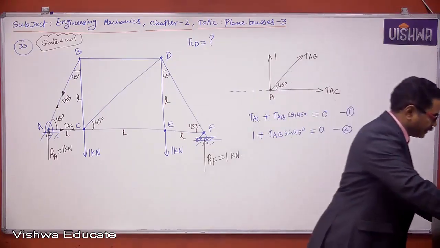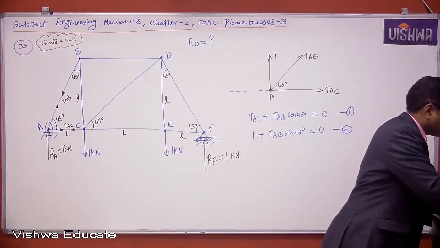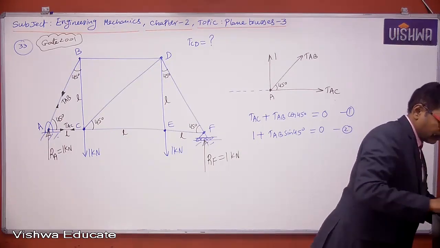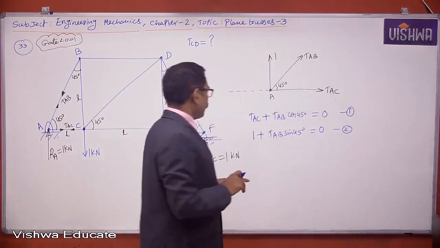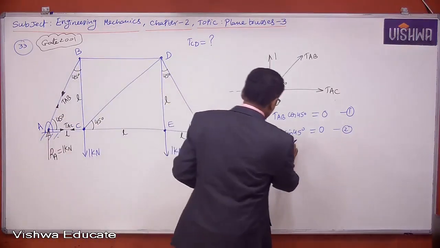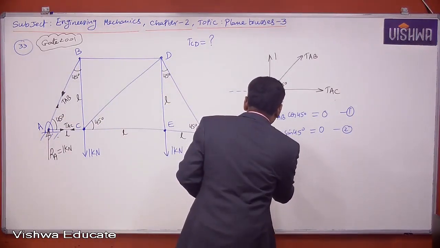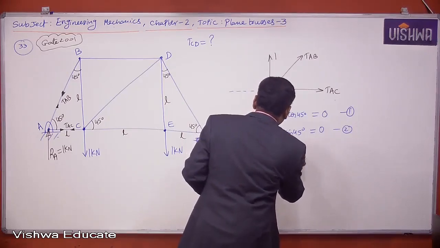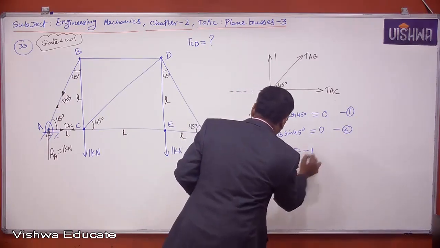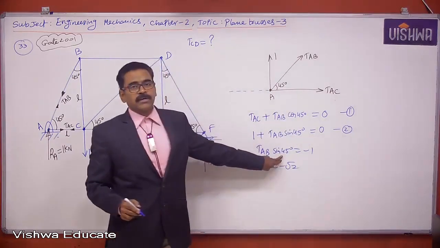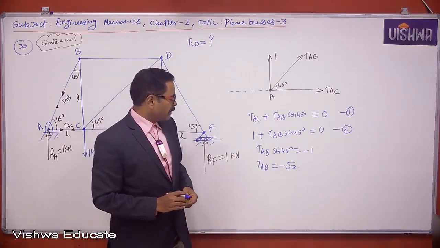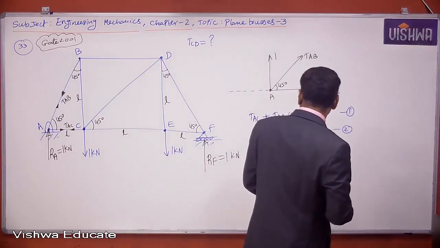You can easily find TAB and TAC. So TAB sin 45 equals -1. Sin 45 means 1 by root 2, and bringing 1 by root 2 to the other side, it becomes root 2. TAB is minus root 2.